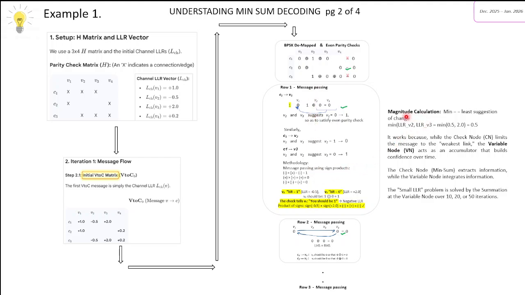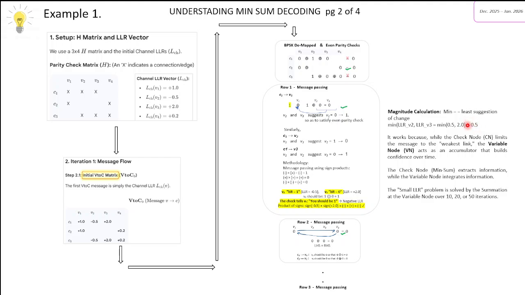Now, how about passing the message? What message is passed? We pass the minimum, the least suggestion. So amongst these two values, minus 0.5 and plus 2, the minimum value is passed, so that minimum deviation is given. A very slight hint is given without disturbing the equation too much; only a small magnitude is sent.